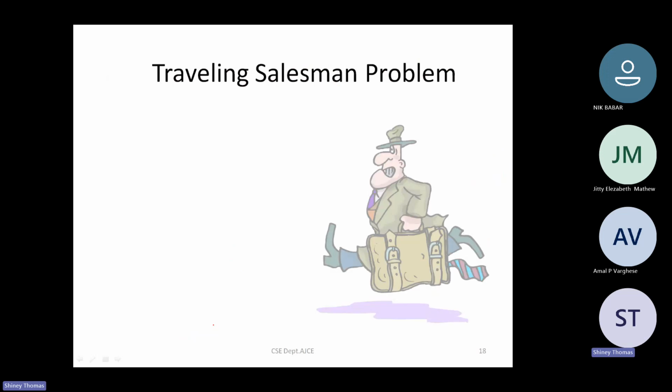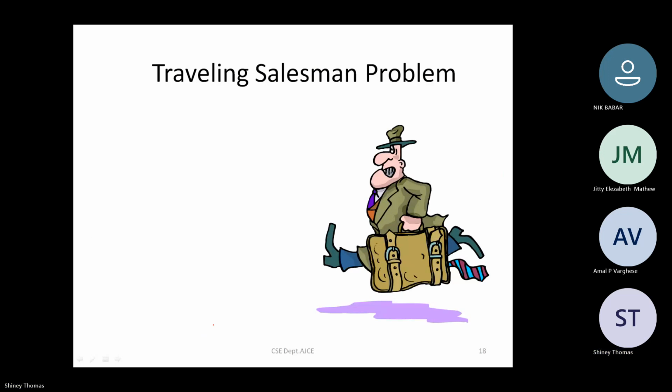Okay, now we'll move on to the next algorithm, that is traveling salesman problem. Can somebody define what is the problem? Traveling salesman problem എന്തായിരുന്നു? Anyone?